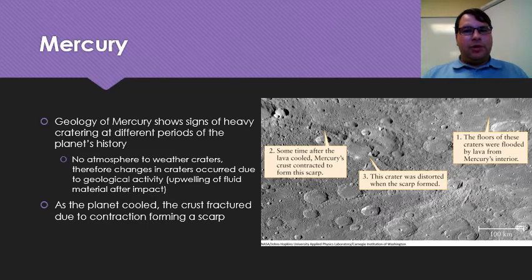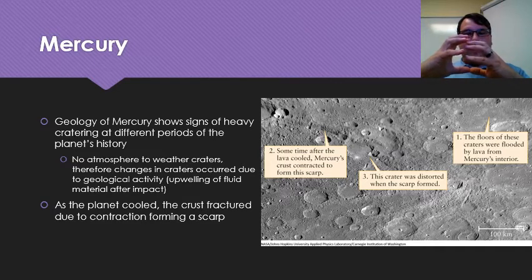And that distortion is what we call a scarp. Now, the scarp is going to be caused basically from the planet cooling. So once the planet cools, it may not cool uniformly. And so part of it will cool a little bit quicker. The other part is still a little bit more liquid. It's a little warmer. And so what will happen is you actually crack. And so you're freezing down.